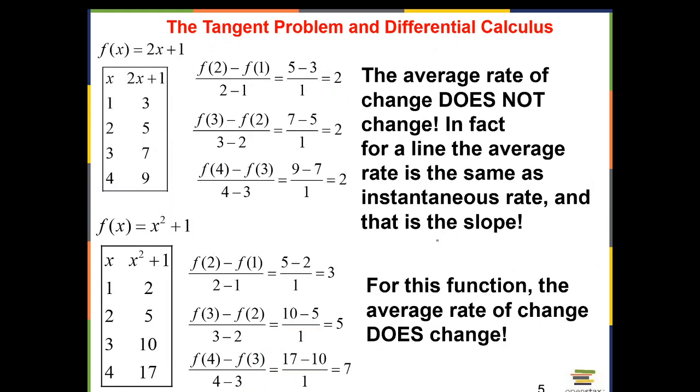So this is the idea that we're going to deal with in this chapter. I just talked about that already. You can read it. You see the rate here is not changing, and the rate here is changing. For a linear function, we call the rate from one point to another point the slope.